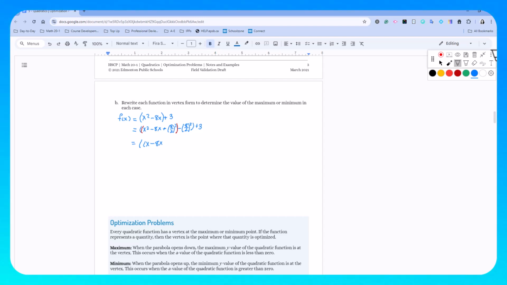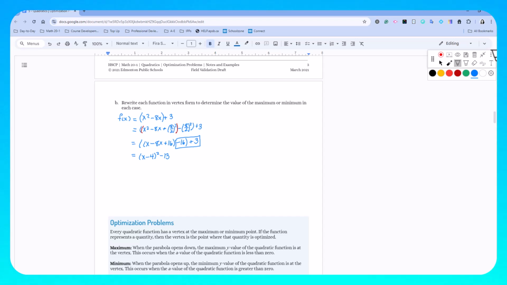Now 8 divided by 2 is 4. 4 squared is 16 and minus 16. But remember, there is no a that we have to factor back in. So all we're going to do is combine these on the end and rewrite this as x minus 4 squared, and minus 16 plus 3 is negative 13.